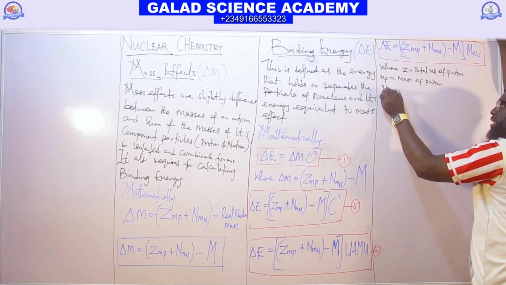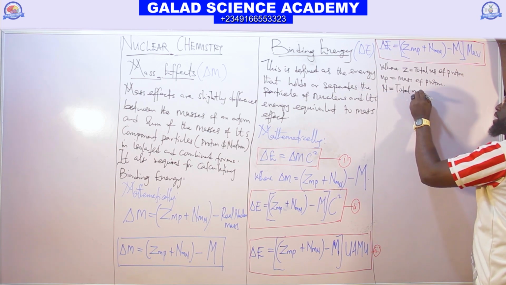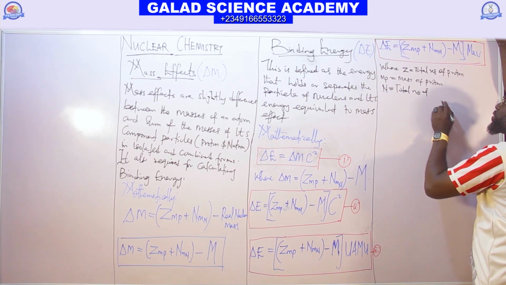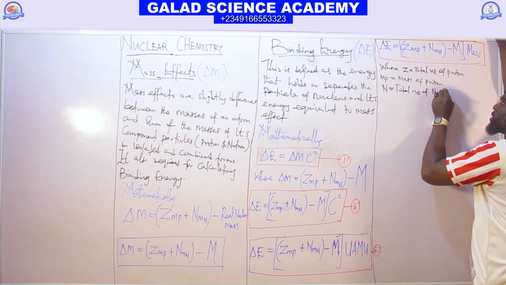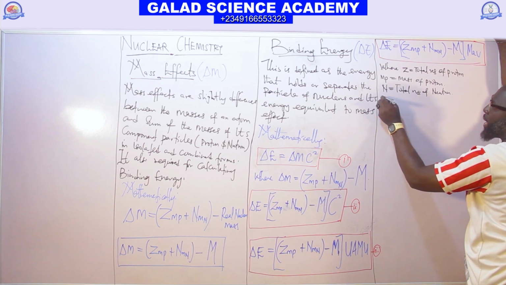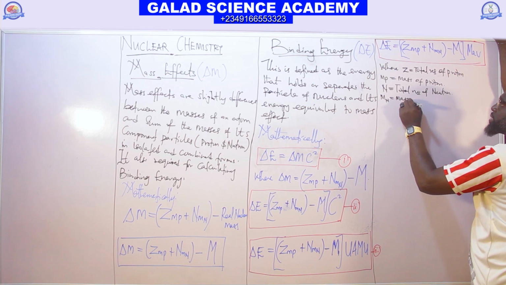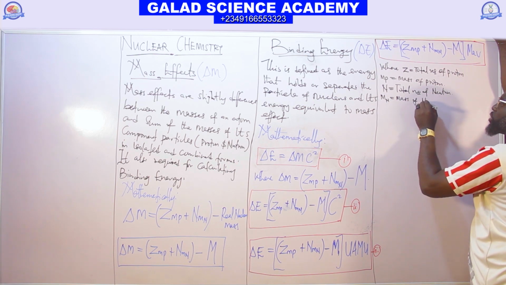N is total number of neutron. Mn is mass of neutron.